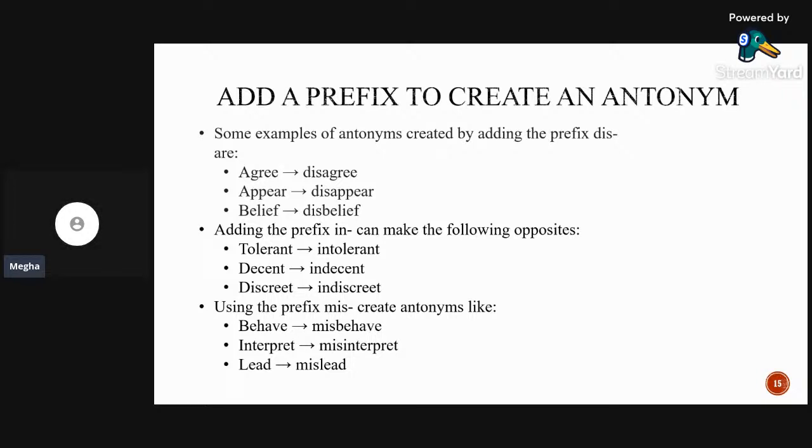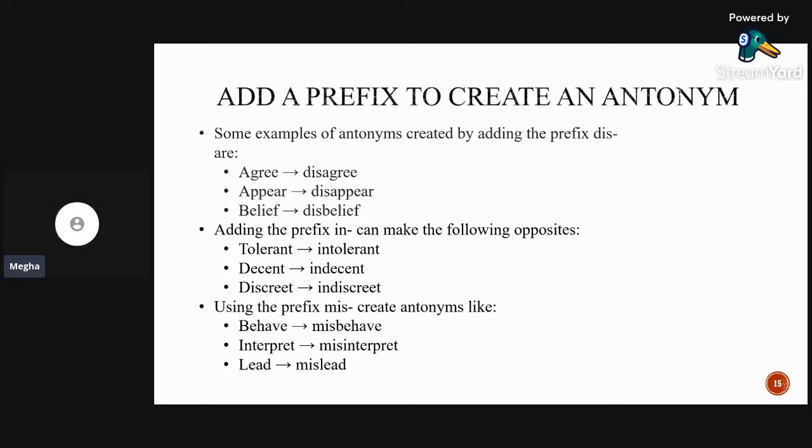Yes, anybody? Any example for the first condition? One more example. Okay.